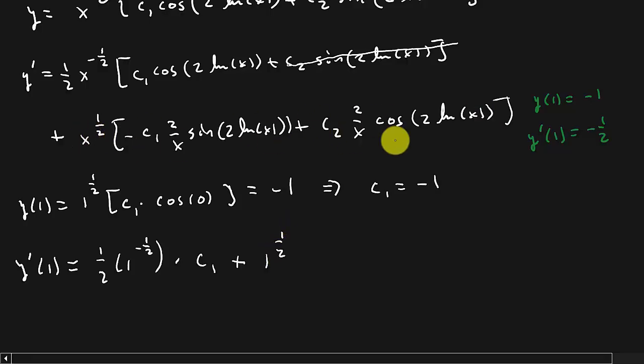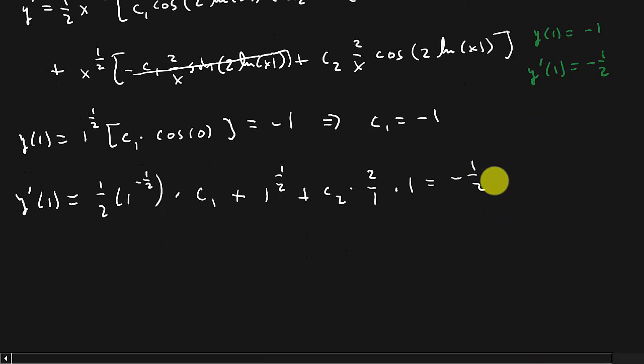We're plugging it into here. When I plug 1 in for x, I get sine of 0. Yes, I'm plugging a 1 in here too, but this term right here is 0, so this whole thing is 0. Then we plug 1 into here, so that's going to be plus c2 times 2 over 1. Plug the 1 in for this x, and natural log of 1 is 0, cosine of 0 is 1, so times 1, and this is equal to negative 1/2.